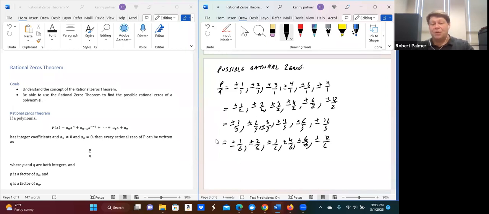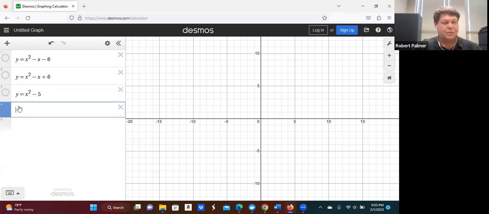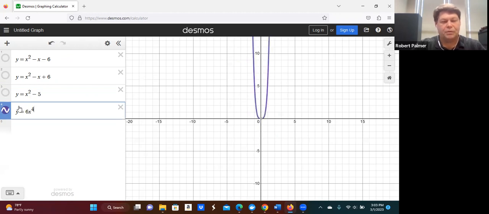Okay. In fact, if we graph this one, y equals 6x to the fourth minus x squared plus 2x plus 12.